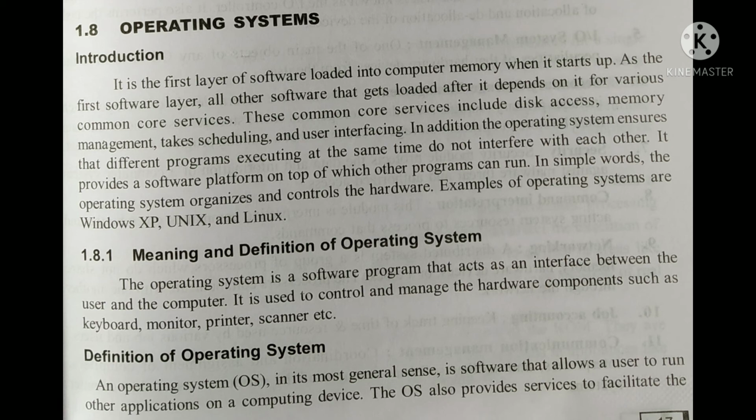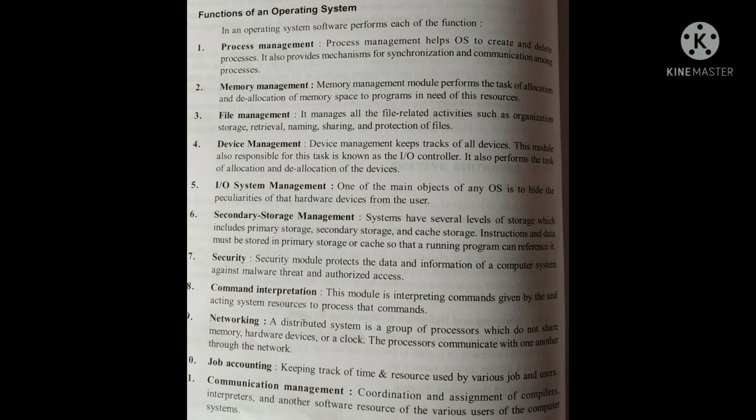It also provides mechanisms for synchronization and communication among processes. Memory management. The memory management module performs the task of allocation and deallocation of memory space to programs in need of this resource.